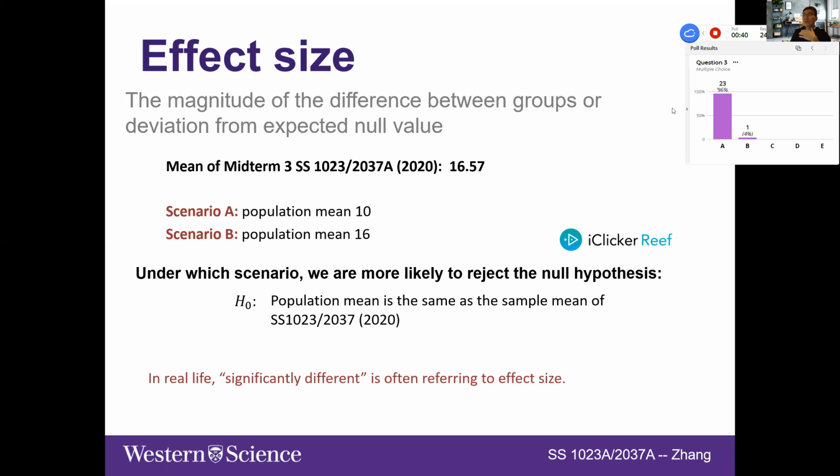So yes, actually the answer is just A. You are correct. This is just aligning with our intuition. If the difference between the population mean and our sample mean is large, you can imagine almost every test can tell the difference between these two.